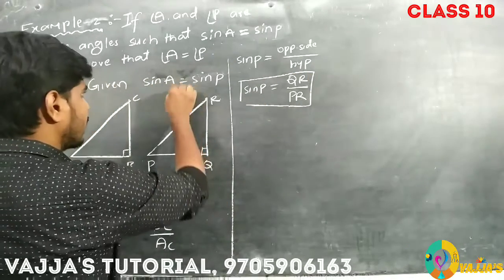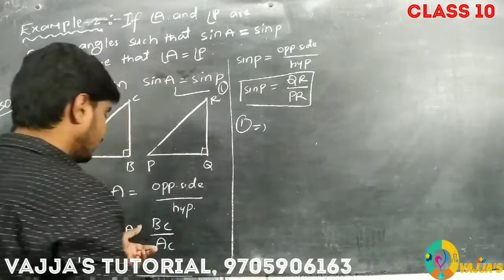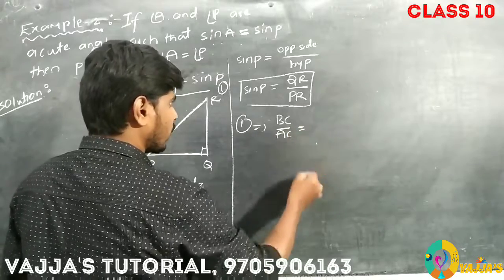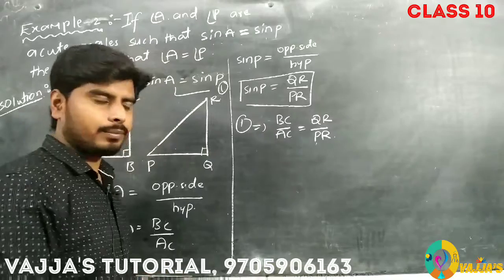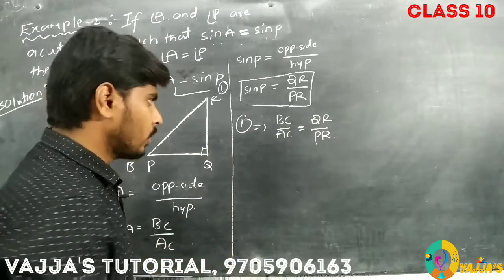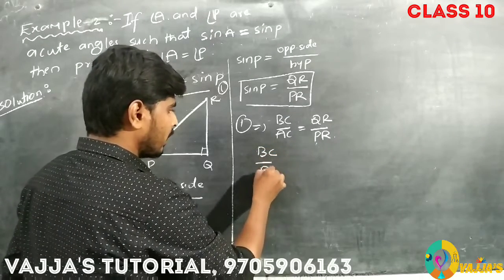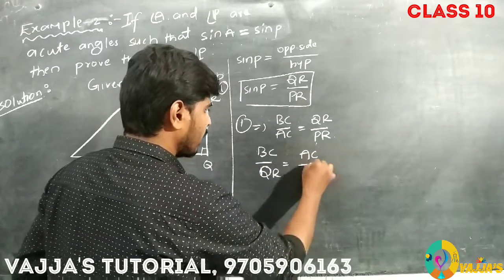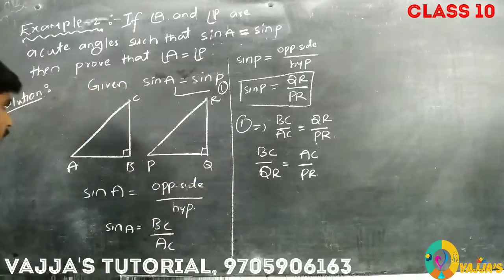Now what can we write? Consider it is equation 1. By using equation 1, we can write BC by AC is equal to QR by PR, isn't it? So if I write like this, BC by QR equals AC by PR. Why am I writing like this? Look here.